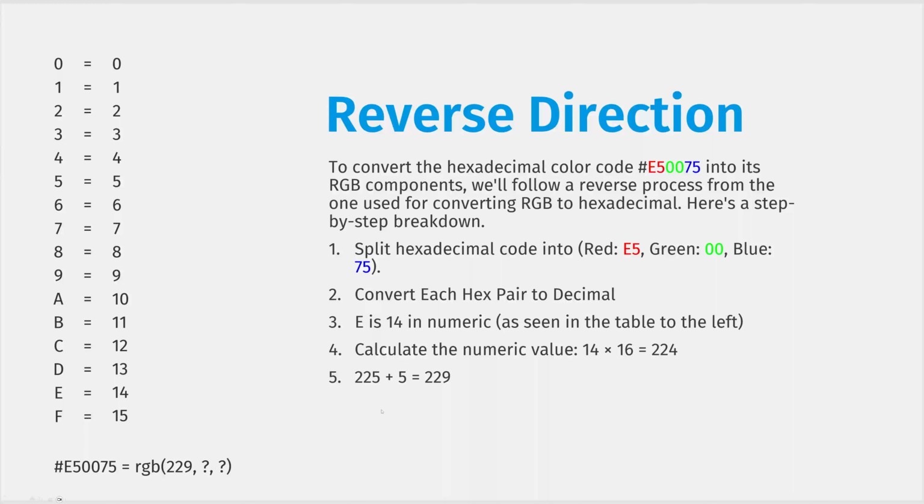So now we need to put the remainder back into the game as well, which was 5, and we can see that that is 5 up here. So the second thing, we just add it. So 224 plus 5, 229. Therefore, E5 in hexadecimal is 229 for R, red.